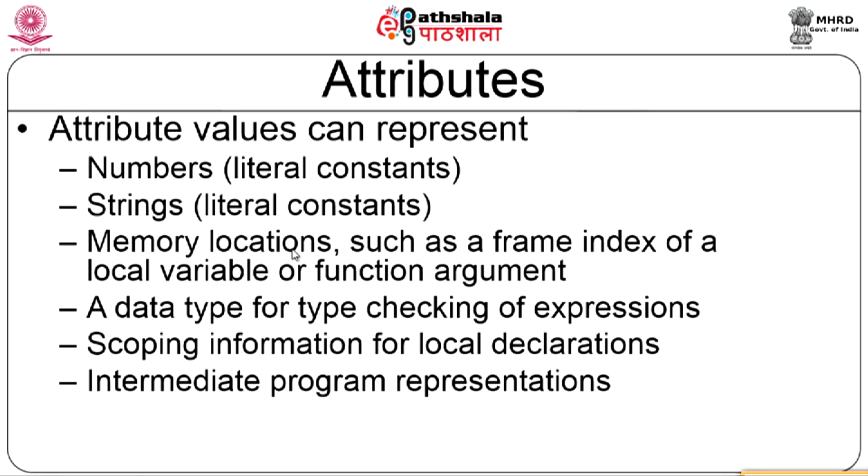So, whatever value is available in T gets copied onto E. So, that is going to be a memory location based copy. It can also have a data type for type checking expressions. We will come back to this later. Scope information for local declaration, and you can also have intermediate program representation. So, each attribute value can represent any or a combination of these basically.